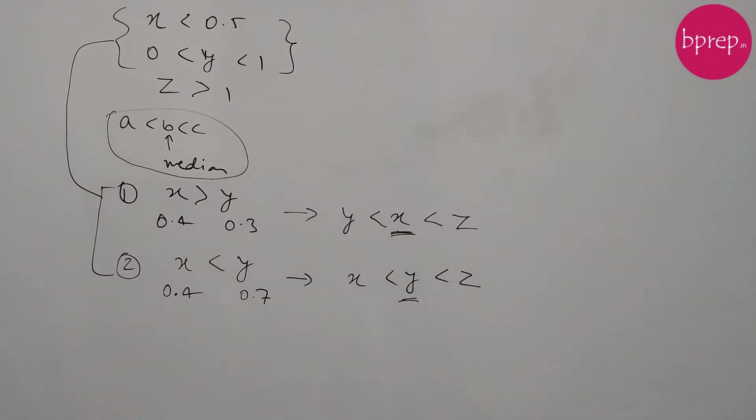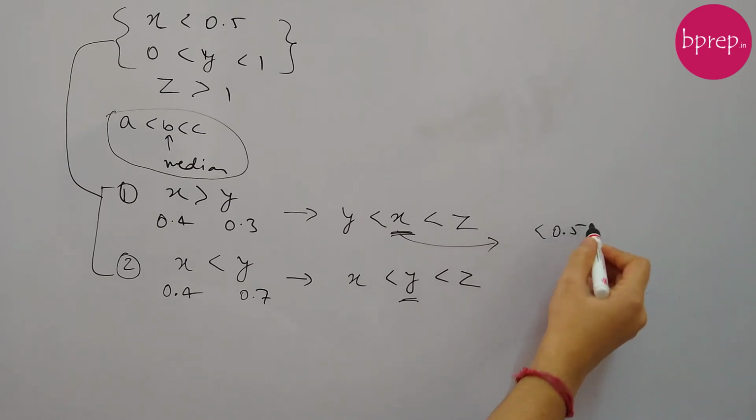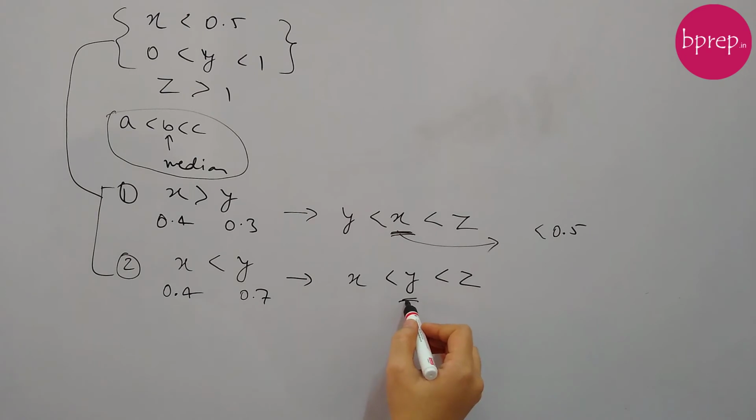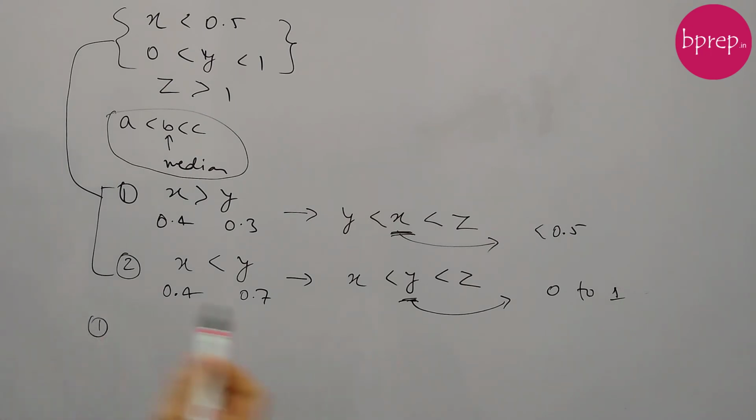So if x is the median, then the value of x is less than 0.5, and if y is the median, then the value of y can be between 0 and 1. Now let's see the options, we have four options. The first option says the median is less than 1.